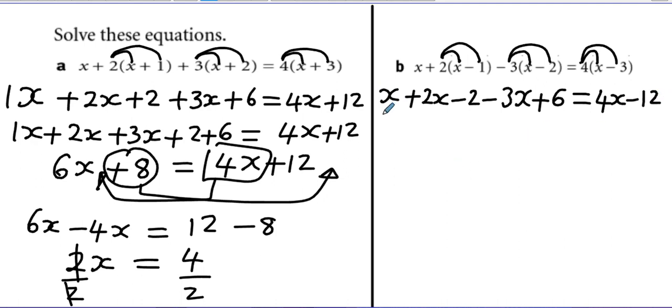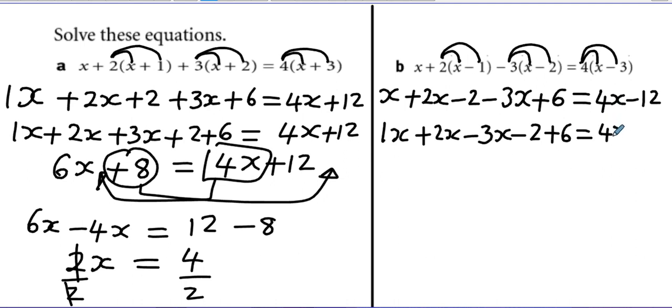Collect like terms, we have 1x plus 2x minus 3x, then minus 2 plus 6. I'm trying to collect like terms over here.